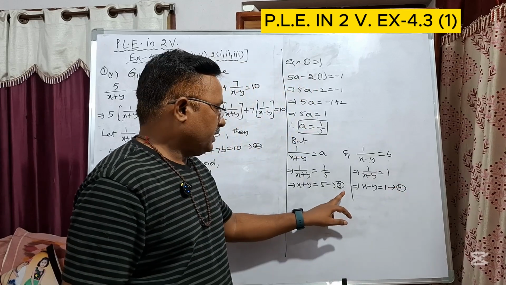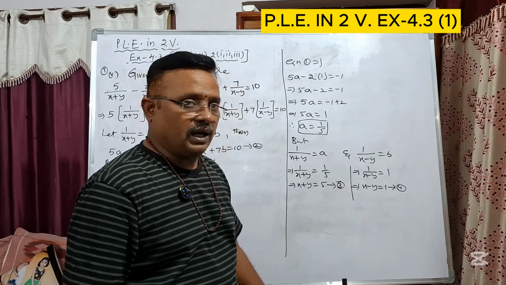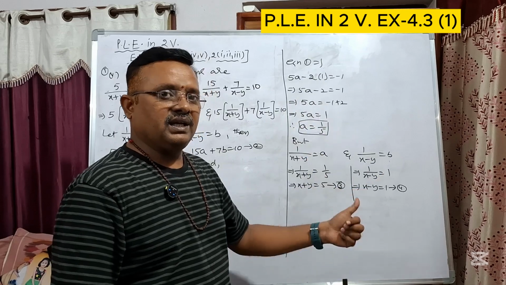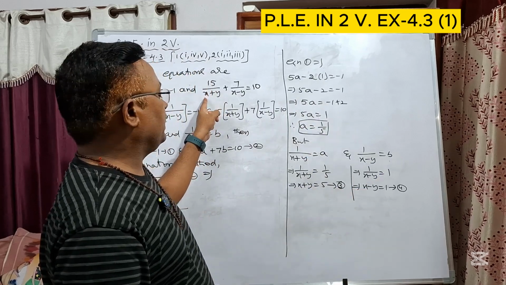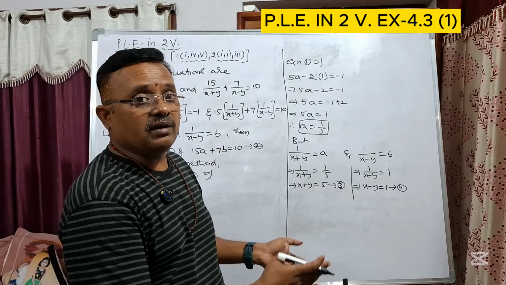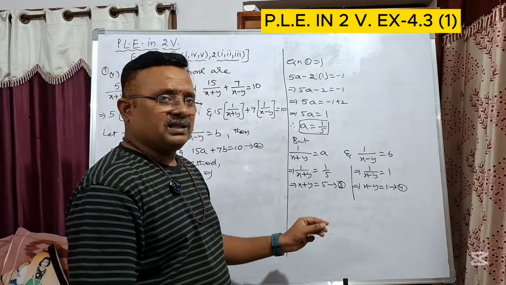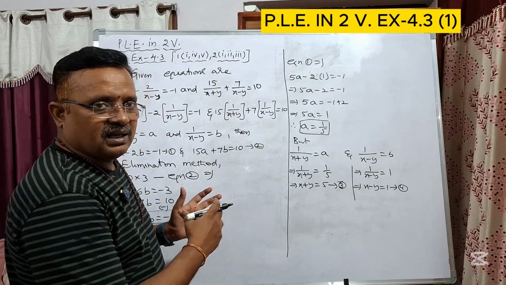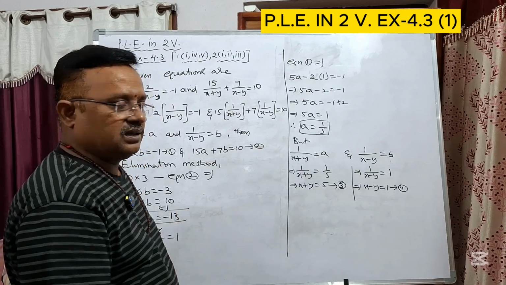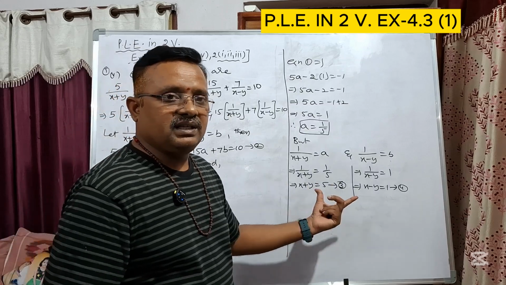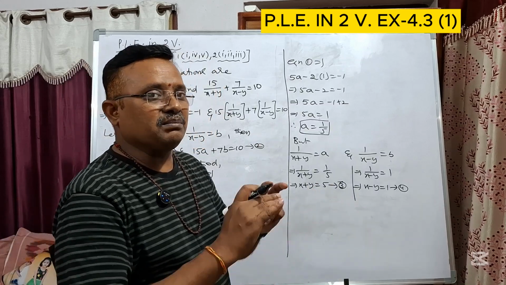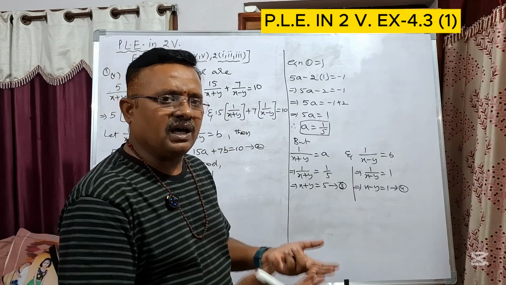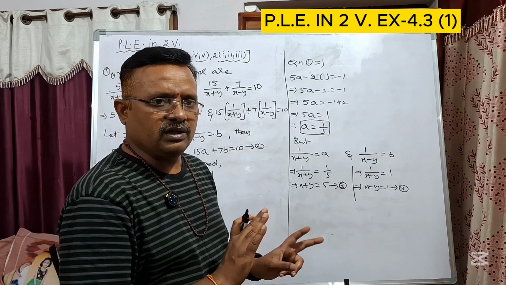Now you see equation 3 and equation 4 are a new pair of linear equations in terms of original variables x y. We need to solve them again, but these equations are not having much calculation. Easily you can calculate either by addition or by subtraction.